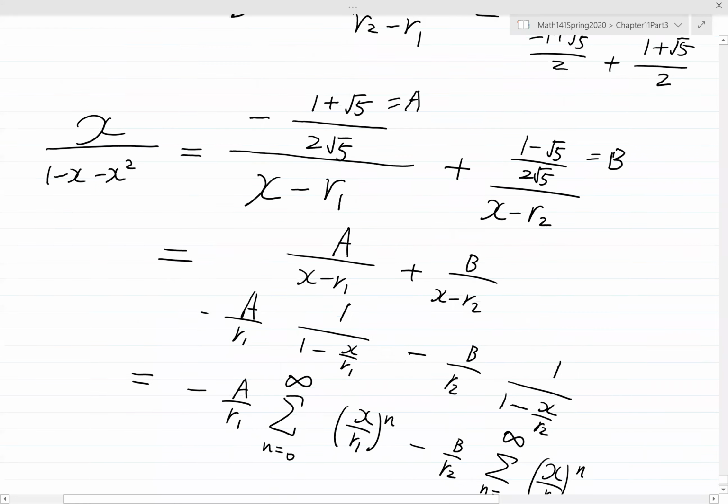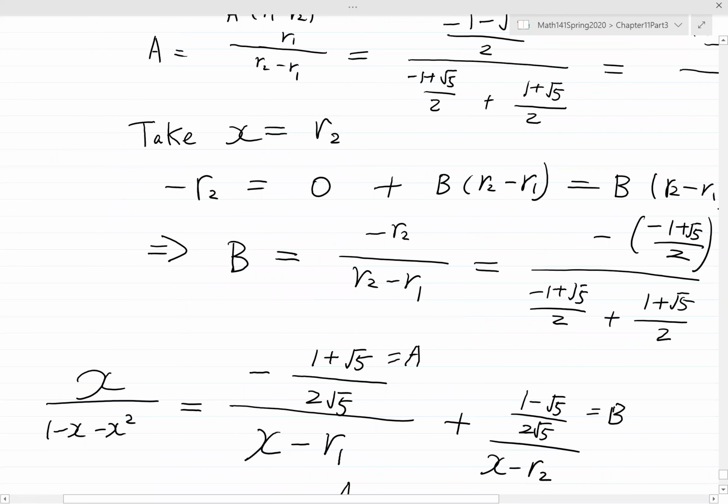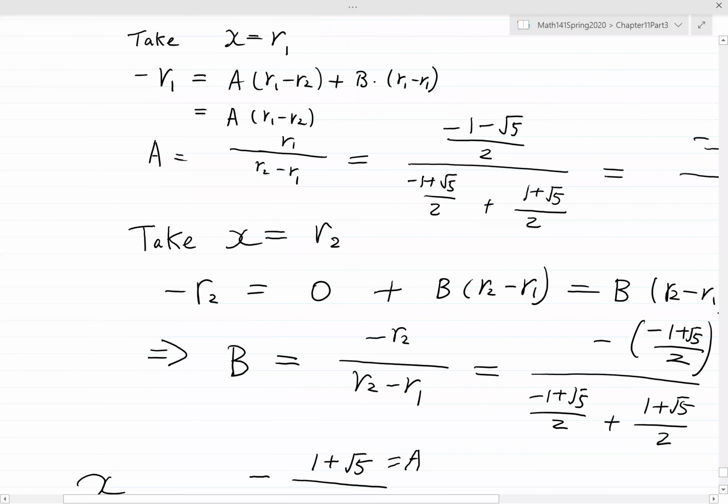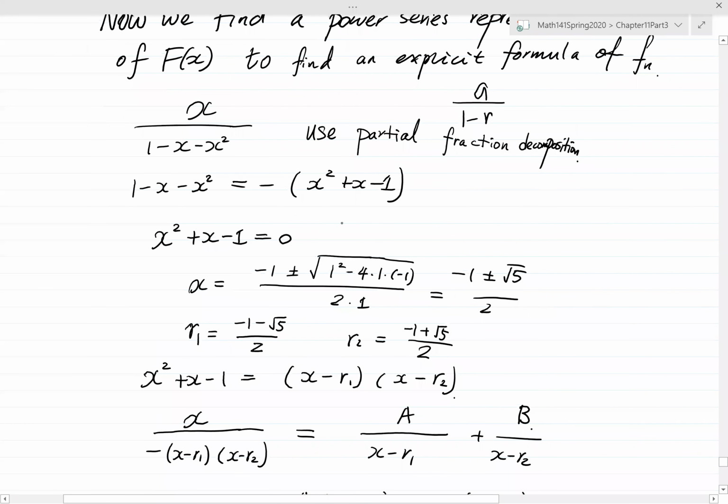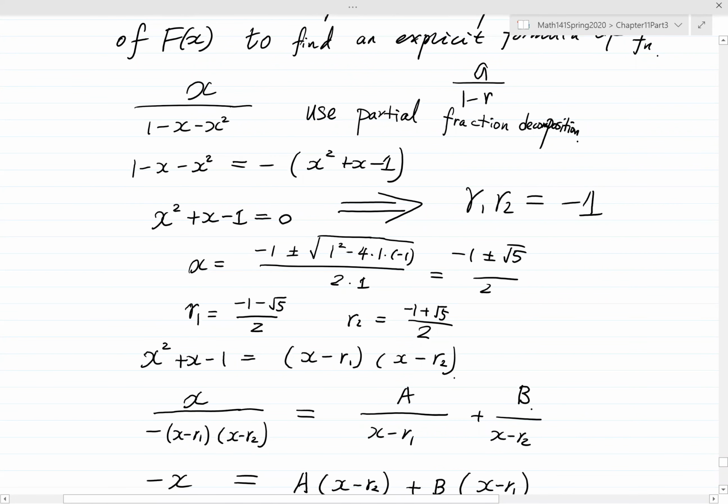Now r1 times r2. From this relation, r1 times r2 is negative 1. You can check.